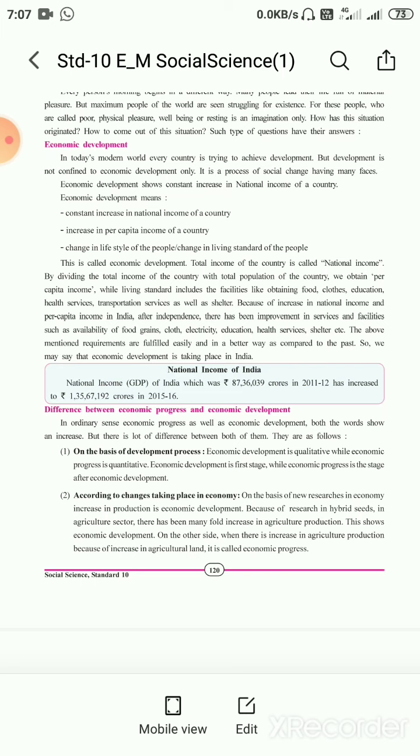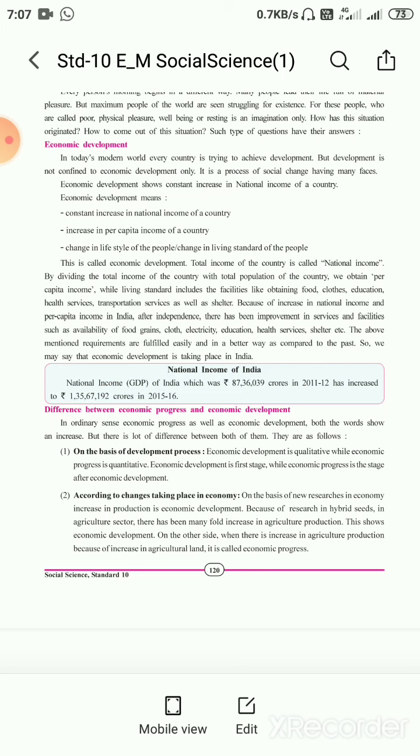To understand per capita income, we will have to divide the country's national income by the total population, so we get per capita income. Third, change in lifestyle of the people, change in living standard of people.